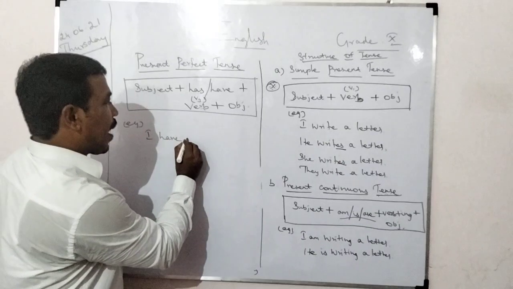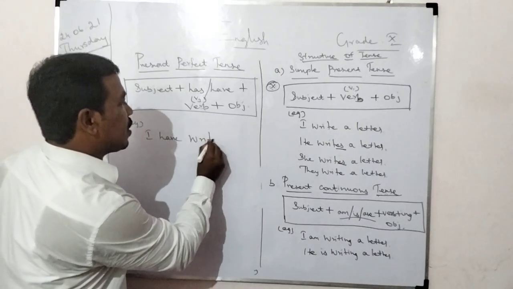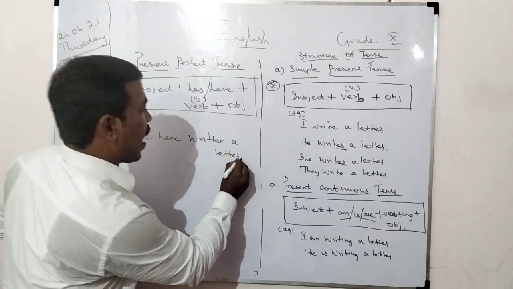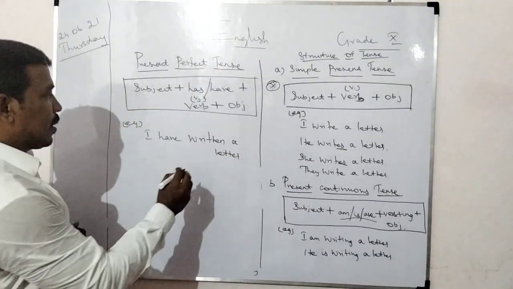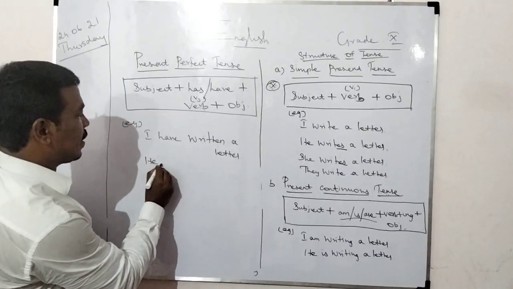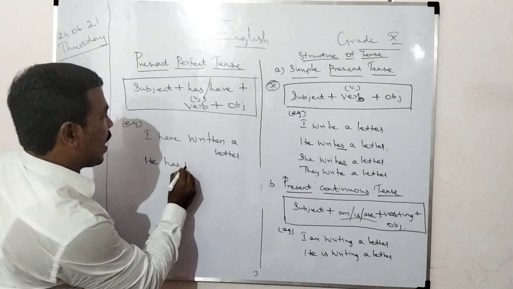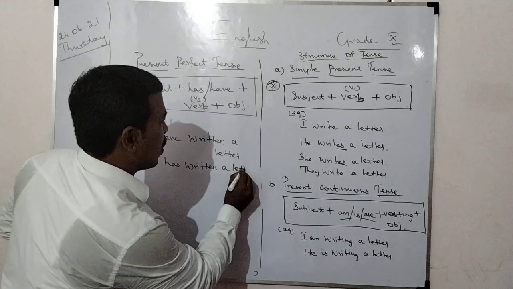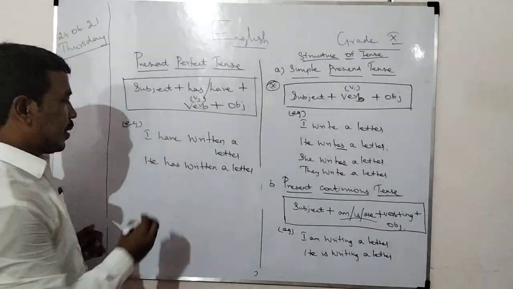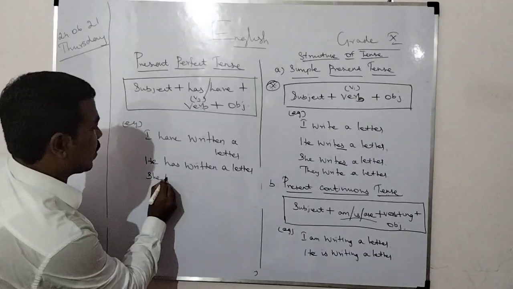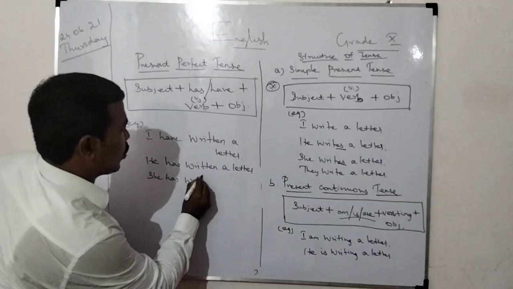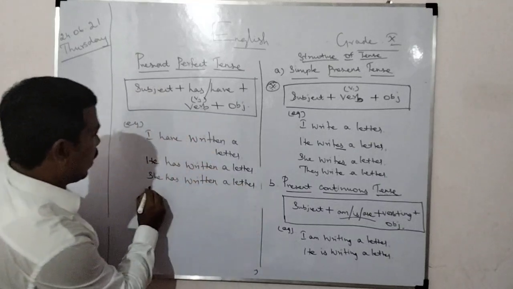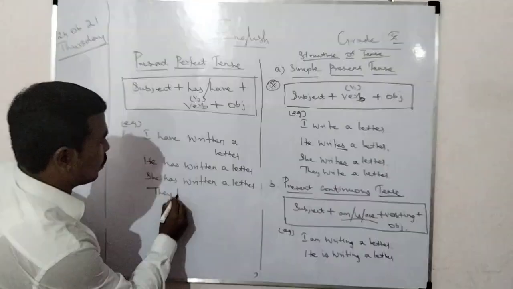I have, write, wrote, written. The third form is written. I have written a letter. Then he is third person singular: he has written a letter. She has written a letter.